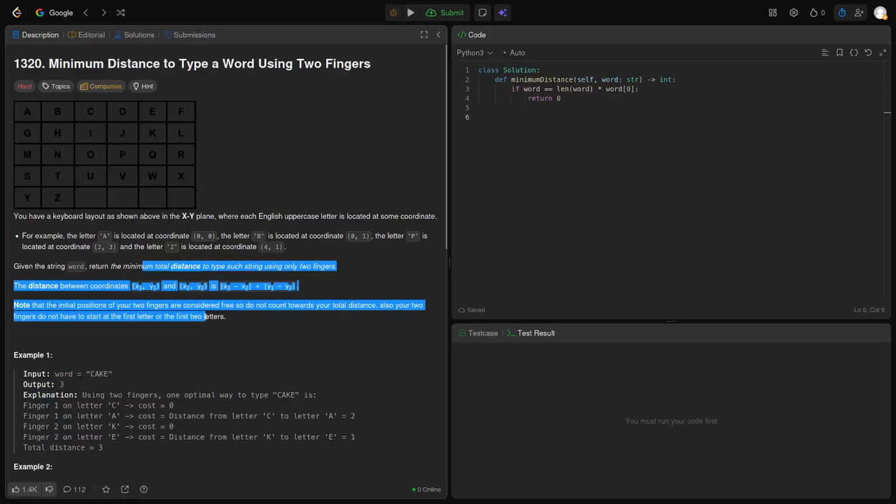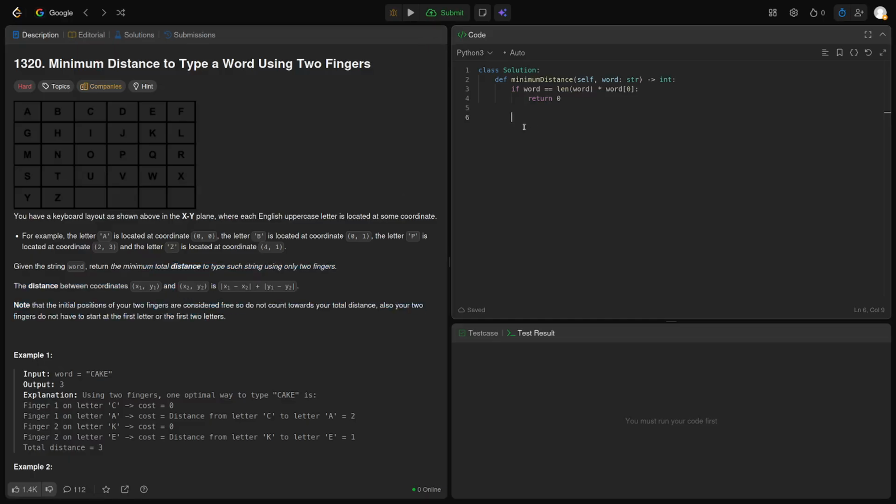Now in the other scenario, what we do is we try to type the first few characters by either of the fingers, and then we pretend the next character is written.